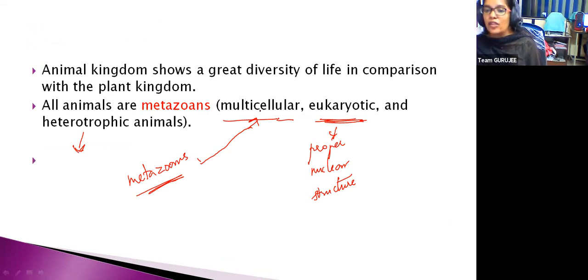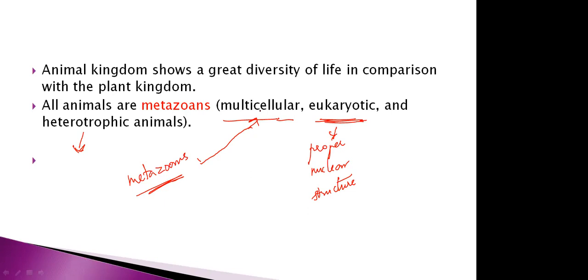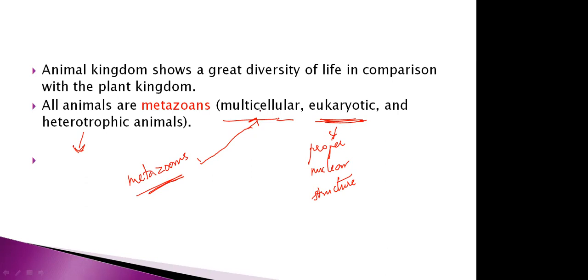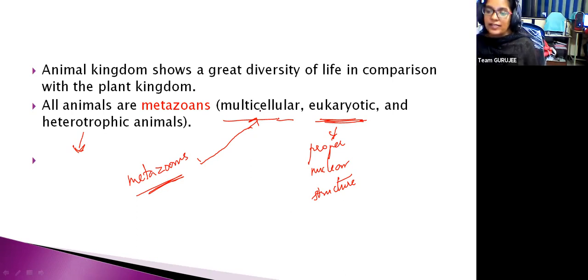What is multicellular? More than one cell. If the organism has more than one cell, it is called multicellular. What is eukaryotic? Having a proper nuclear structure.